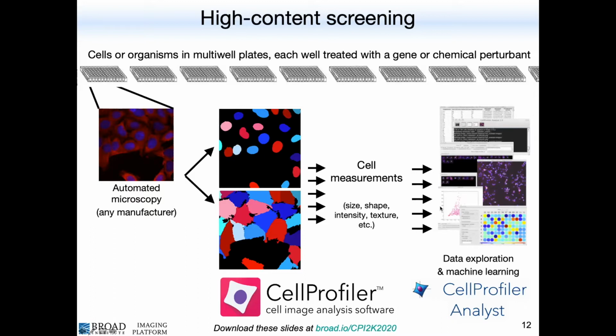Again, we don't need a whole multi-well plate to do this. We are going through this workflow today with only 26 wells. And even if you only had a few images, you still would be able to use CellProfiler.